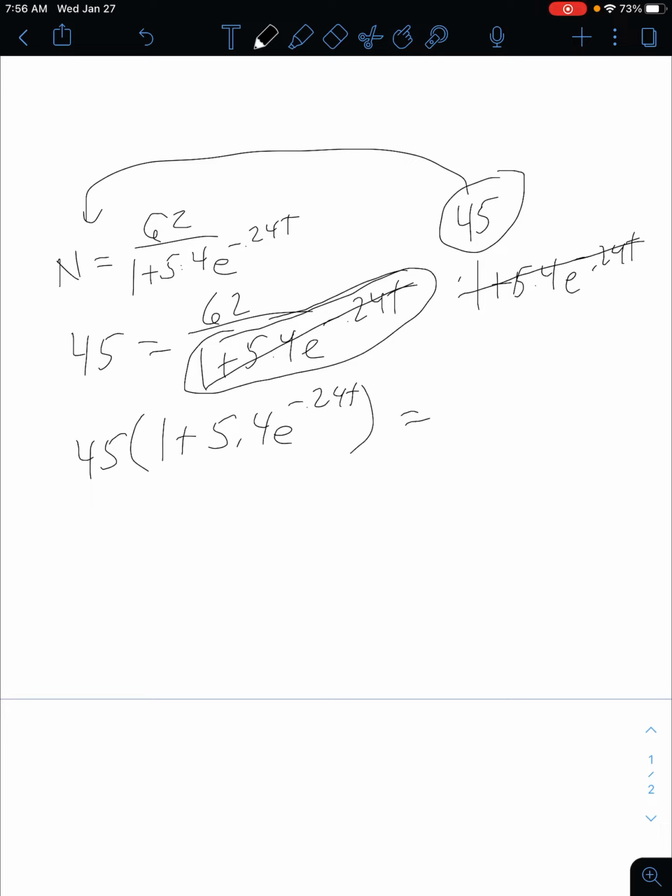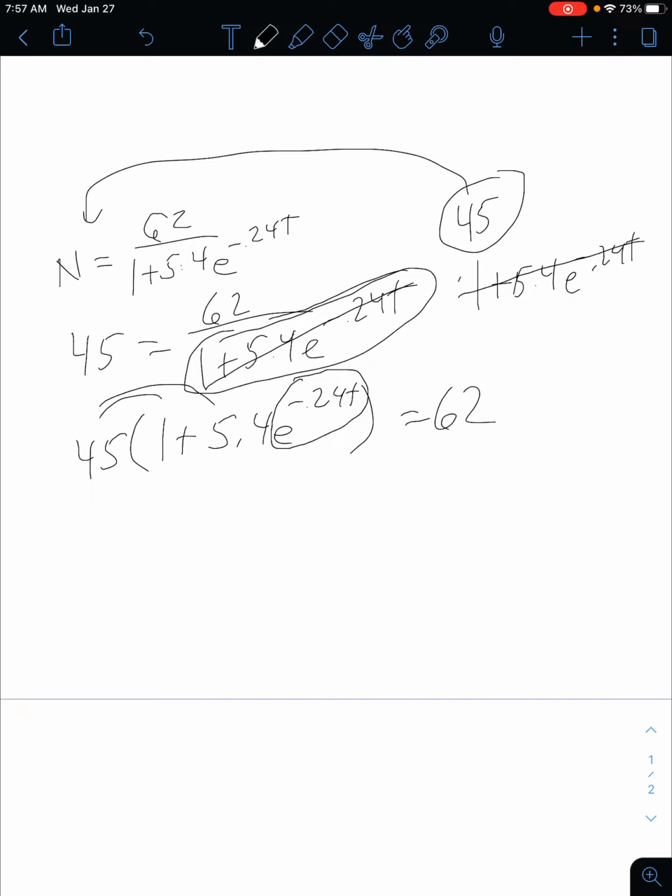So that's step one. Now our goal, what we're trying to accomplish, is to get this e to the negative 0.24t by itself. Because once we get that by itself, then we can use logs to solve. If it were me personally, I would divide both sides by 45 to get rid of it. You could distribute the 45 in the parentheses.